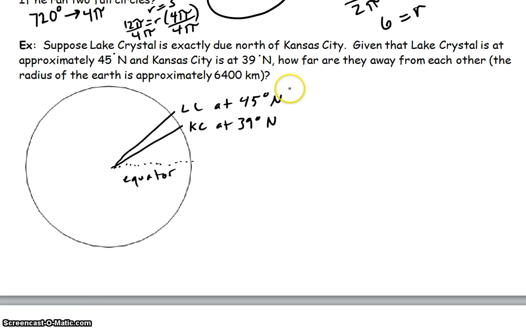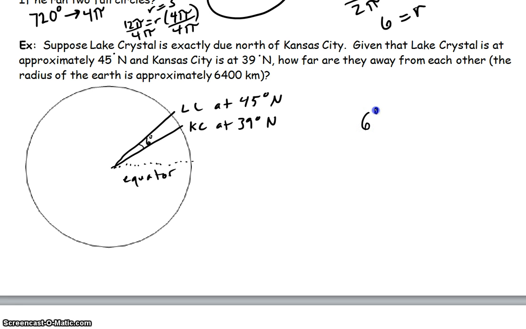Okay, so the question is, given that they are at these degrees north, how far are they away from each other? Well, if we talk about a central angle from the center of the Earth, then we can talk about this as a 6-degree angle.